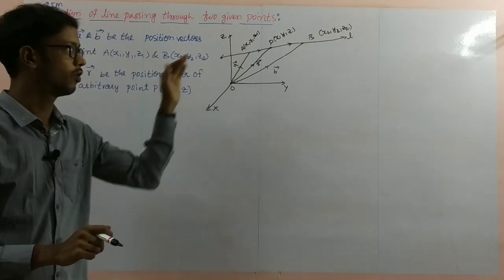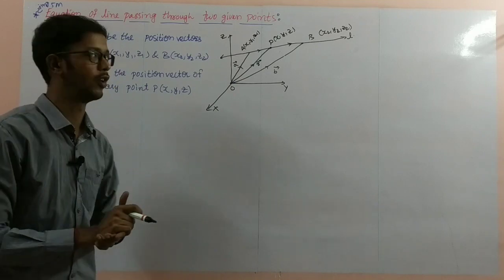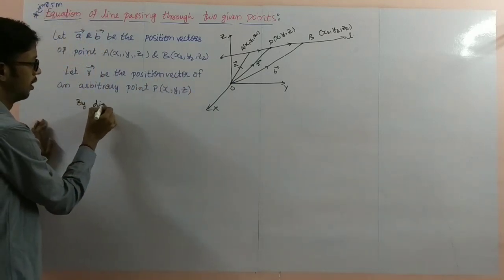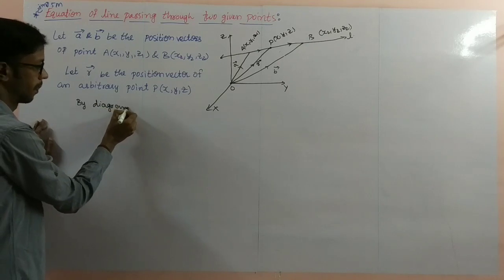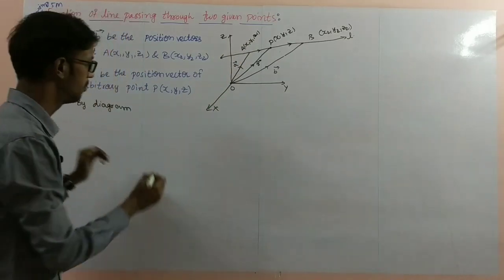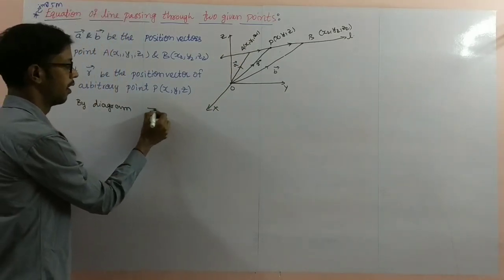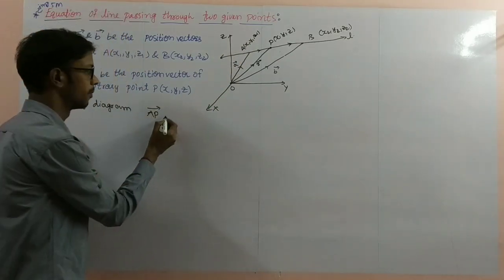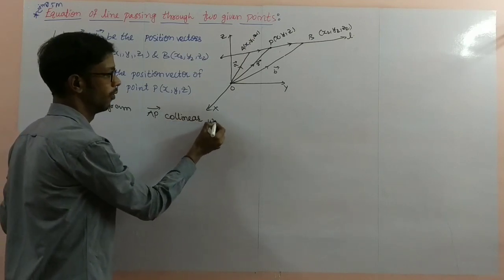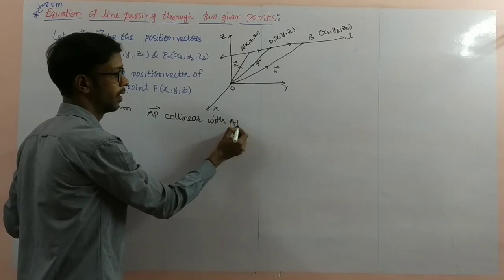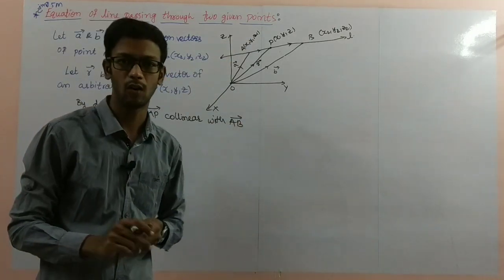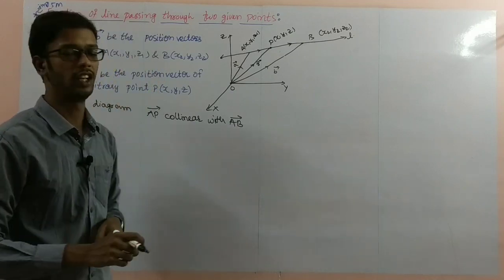Now you have to find the vector form of the equation from the diagram. By the diagram, you can observe AP bar and AB bar are collinear vectors.